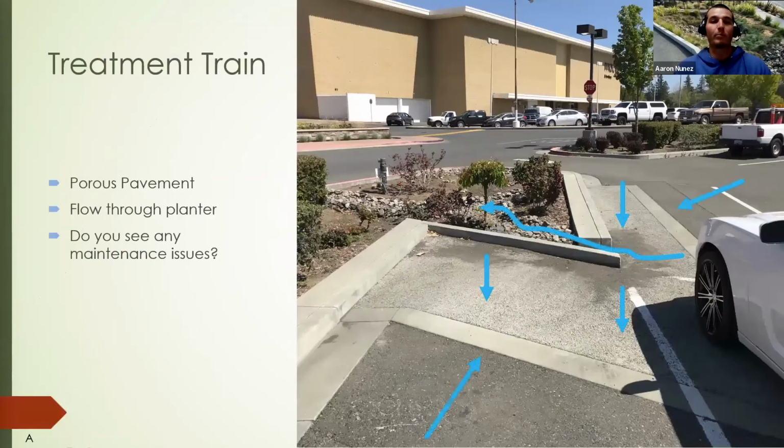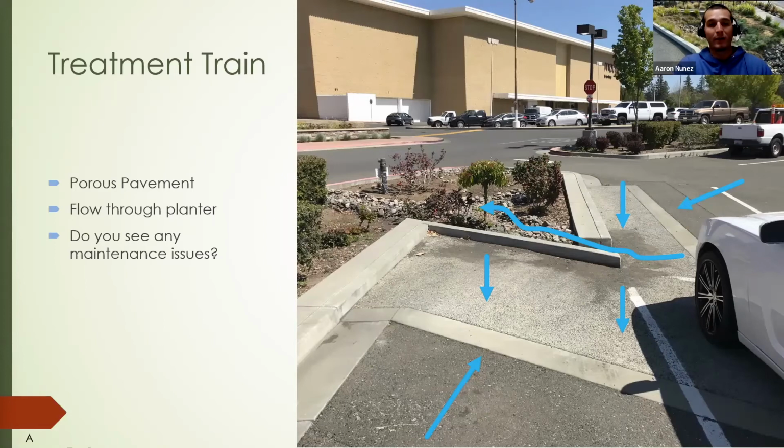Here's another one where permeable concrete or porous pavement is tied to a planter or bioretention planter. You can see the sediment accumulation right here. Obviously this is a productive tributary where water is flowing and you're in a parking lot, so sediment from cars and all of that is collecting here.